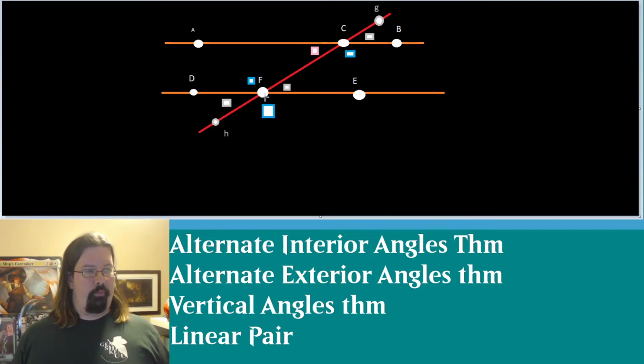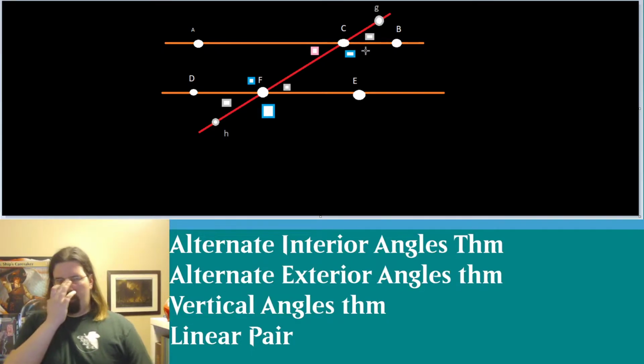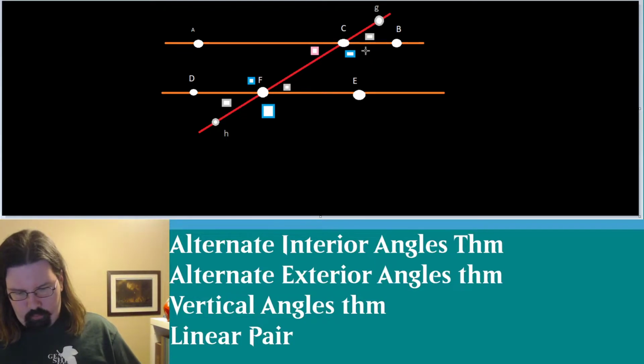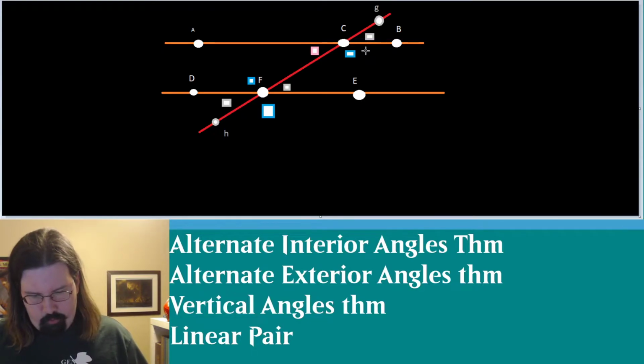So we have vertical angles, a linear pair, alternate interior, and alternate exterior angles, as far as cutting through a transversal. I'm just going to double check there's nothing crazy going on.